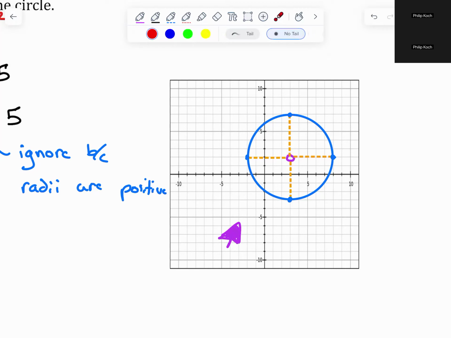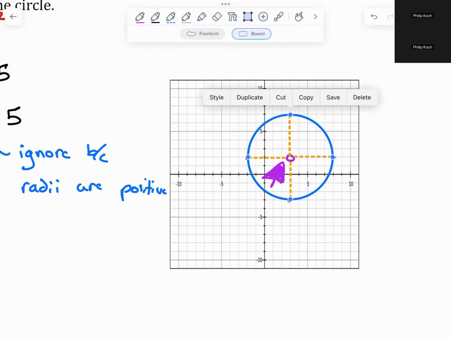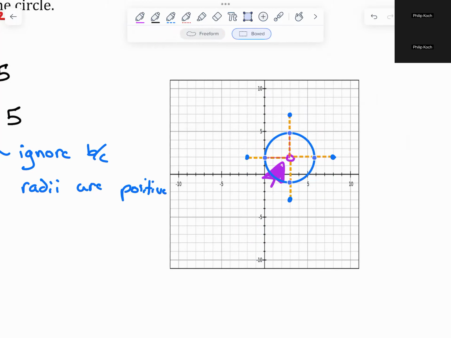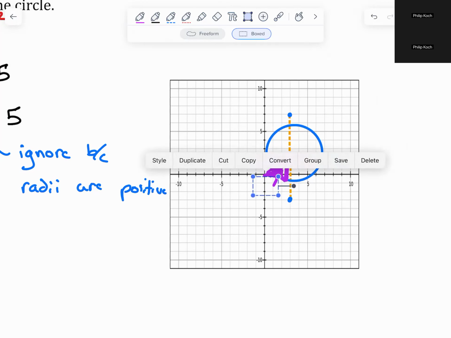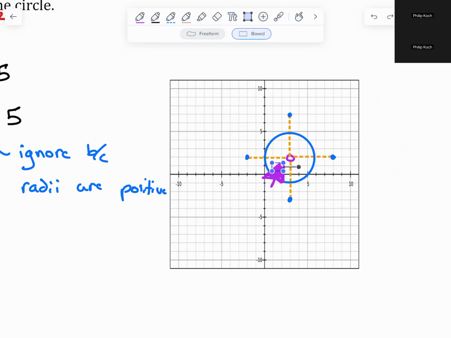Once you've plotted your center like that, then it'll start giving you an ever-changing circle.